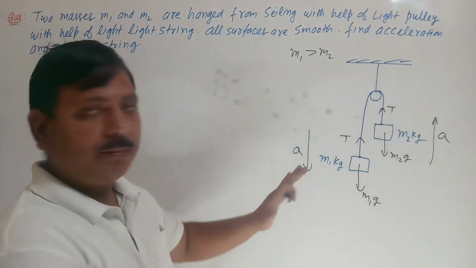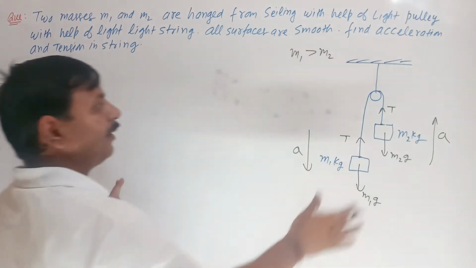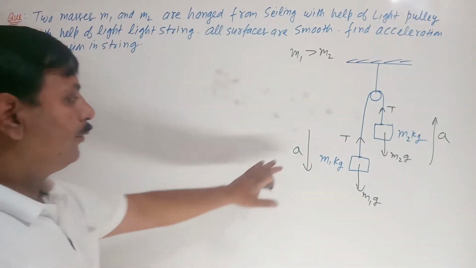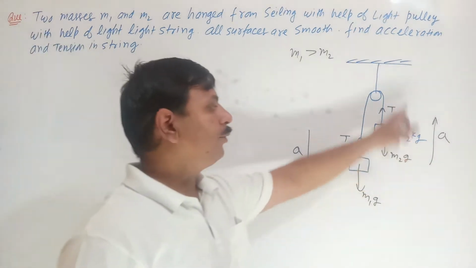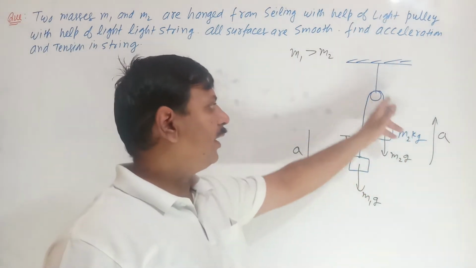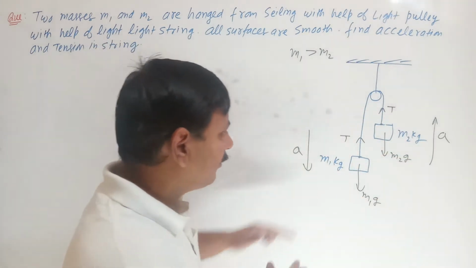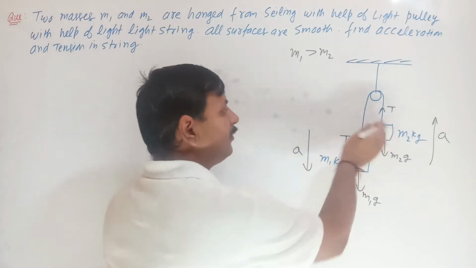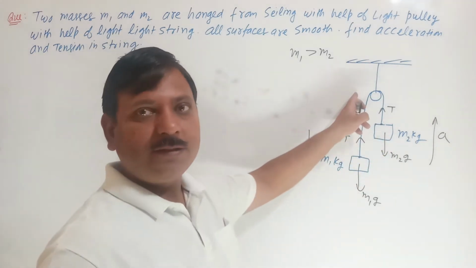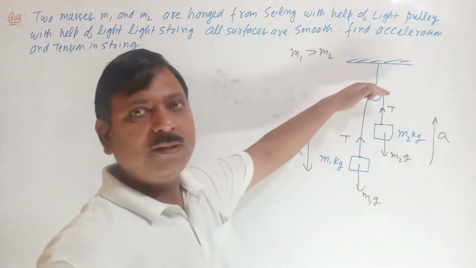This is the tension and acceleration I have shown in the figure. M1 moves downwards and M2 moves upward. With an inextensible string, both accelerations will be the same. If the displacement of M1 is x downwards, then M2 will move the same displacement upward.